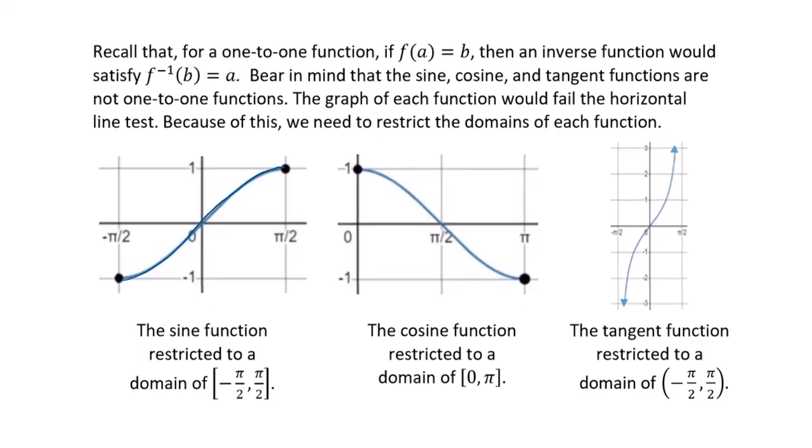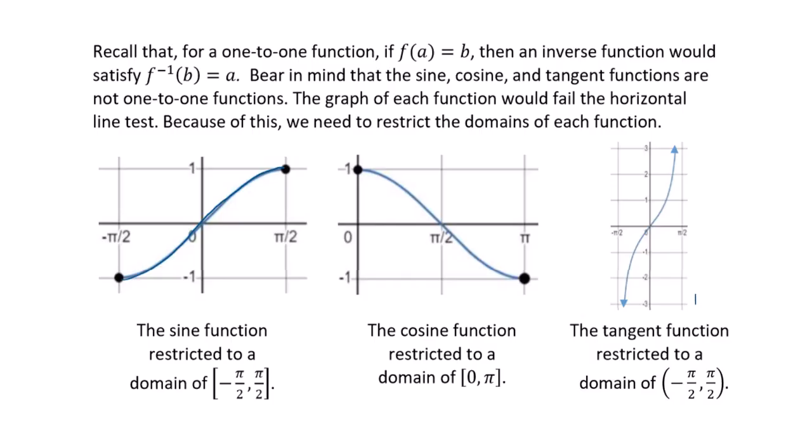The cosine function is restricted to a domain of 0 to pi. Again, this is so that we are covering all the possible outputs of the cosine function. The tangent function is restricted to a domain of negative pi over 2 to pi over 2.